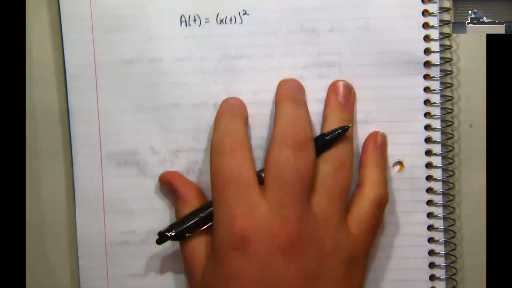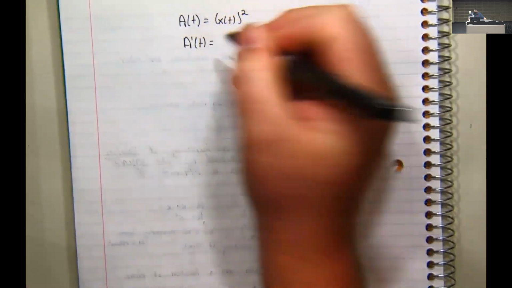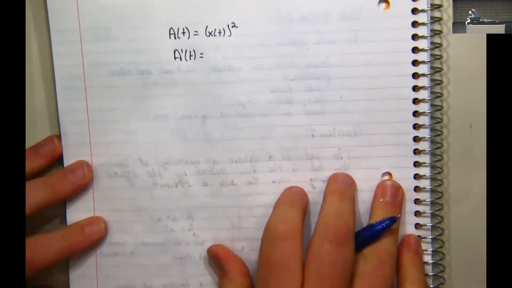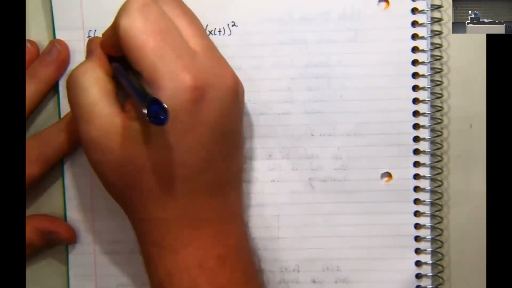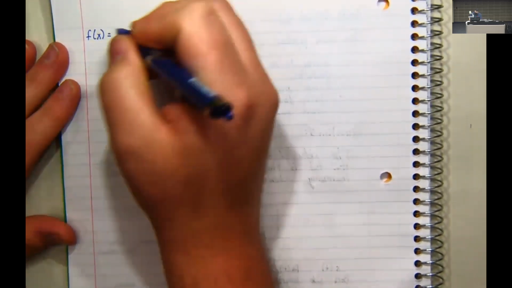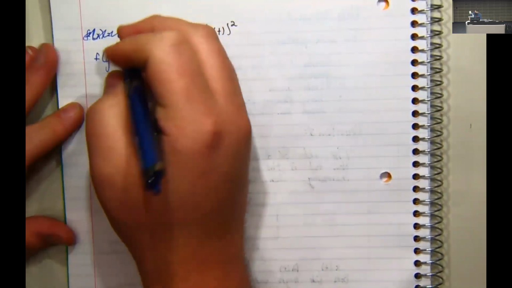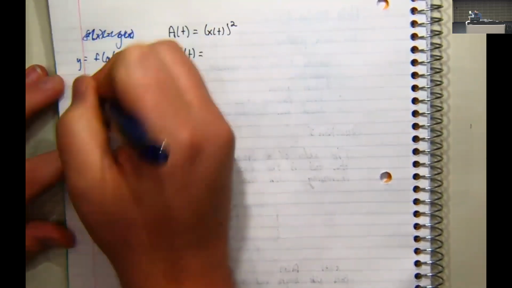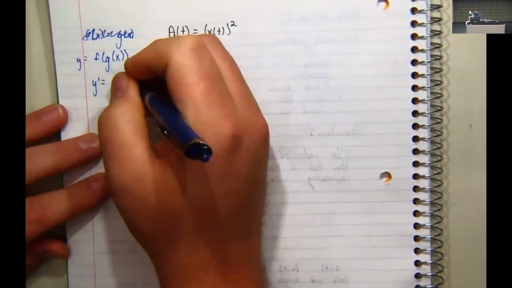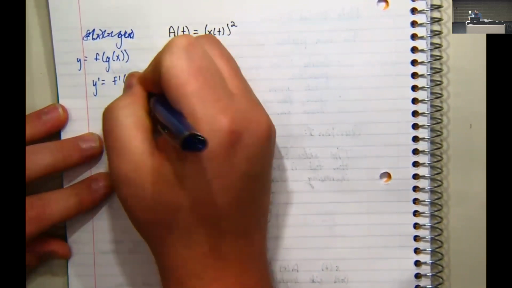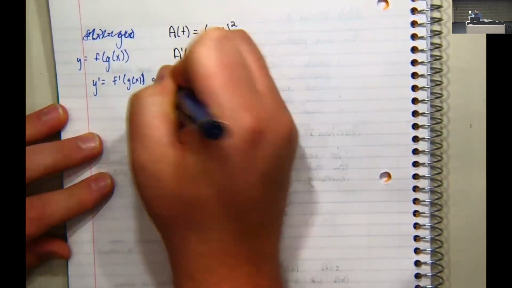So if we take the derivative of A at t using the chain rule, we get A prime at t is equal to, and just restating the chain rule as a guide, if we have f at g at x, then we take the derivative, if this is y, y prime is equal to f prime at g at x times g prime at x.